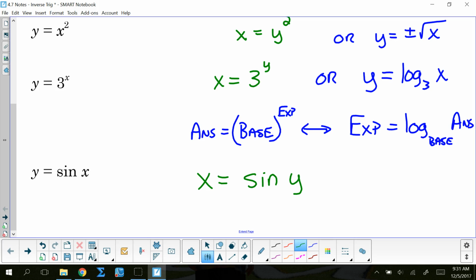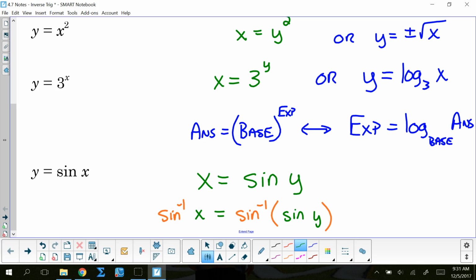Well, if I take the inverse of sine, right? So then that would equal, because I'd have to do it in the same spot on both sides, right?